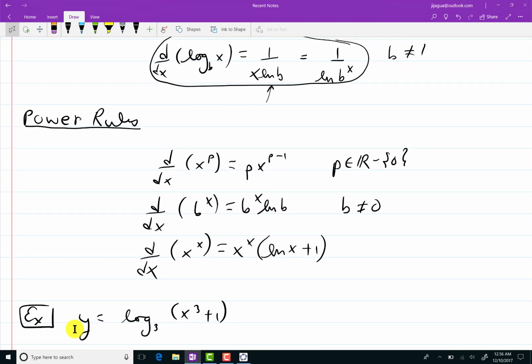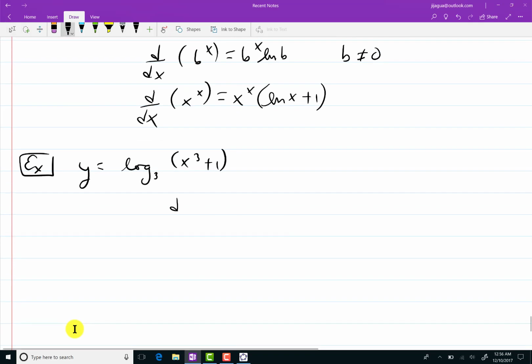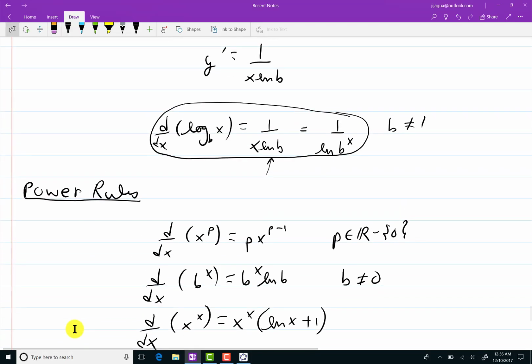So the b in this case is 3. So I'm going to end up with dy over dx will equal 1 over, now remember, x ln b.